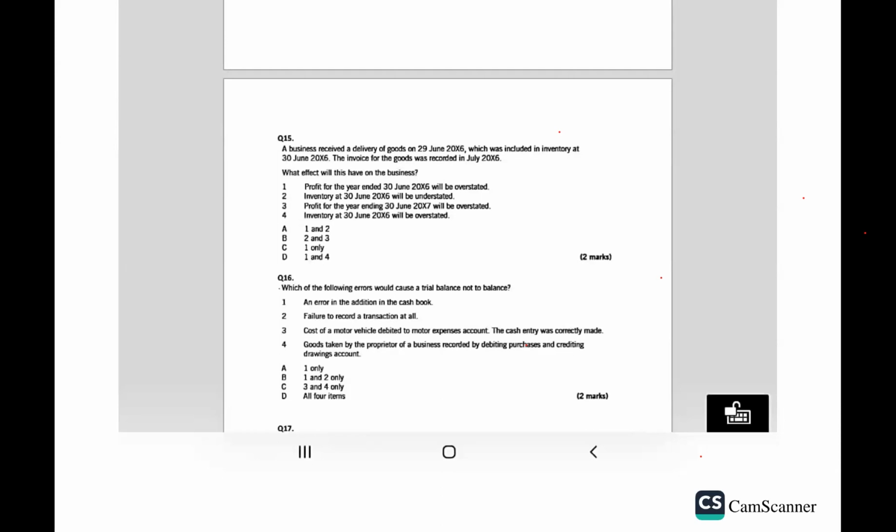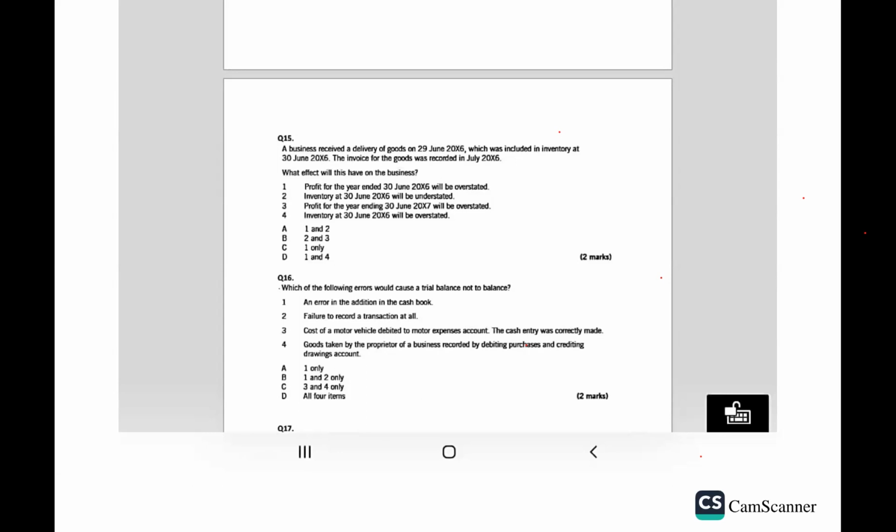For me, I think it's 1 and 2. Why do you say so? An error in the addition in the cash book will definitely not balance in the cash book.